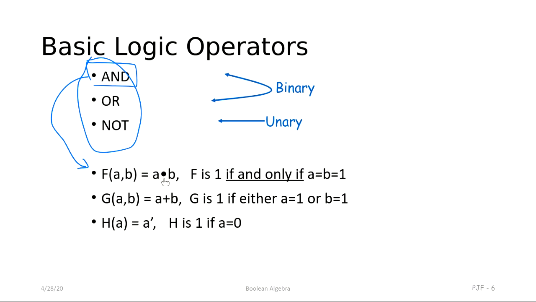So a dot b, f is 1 if and only if both a and b are equal to 1. So this is logical. If any one of these two variables is 0, then the whole result will be 0. This is the basic mathematical function we all know.